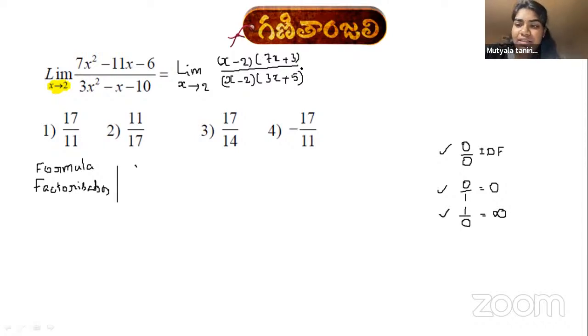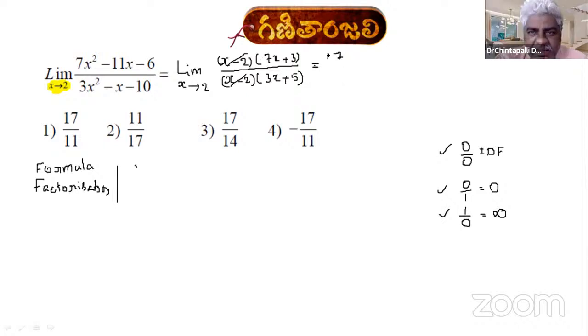What happens now? x minus 2 gets cancelled. Now try again to put x equal to 2. Sometimes even after that stage, we may get 0 by 0. Then also we choose the ways. Check. So 17 by 11.